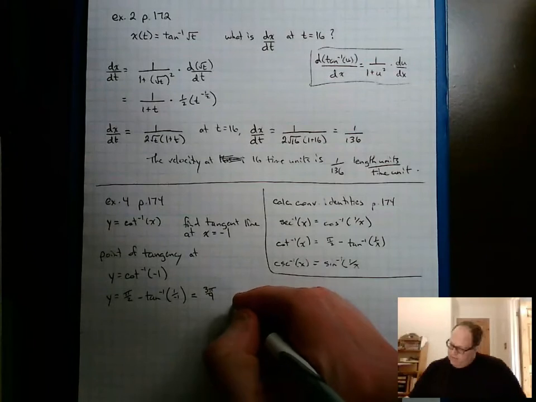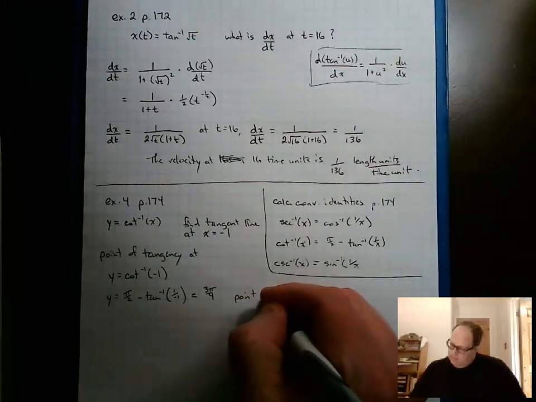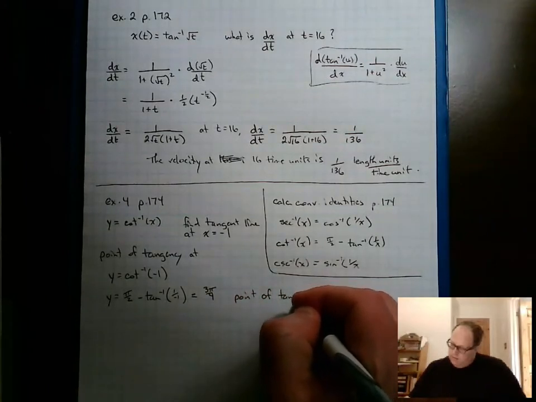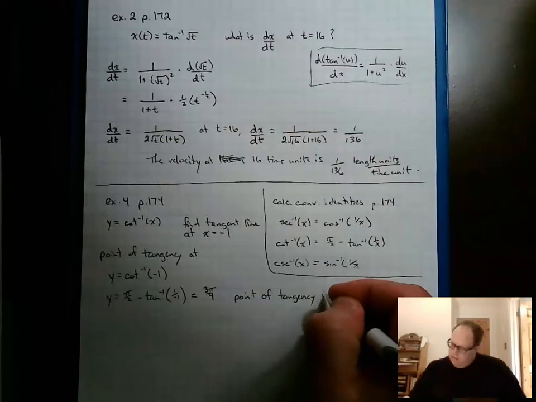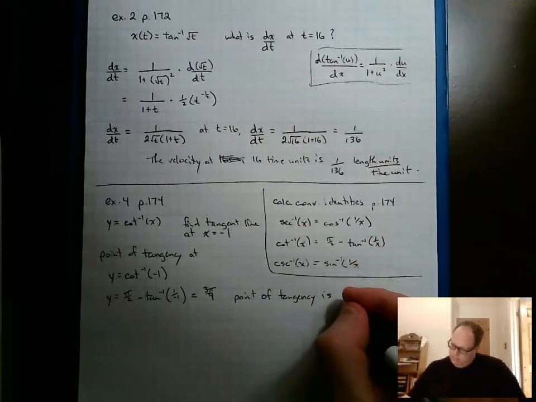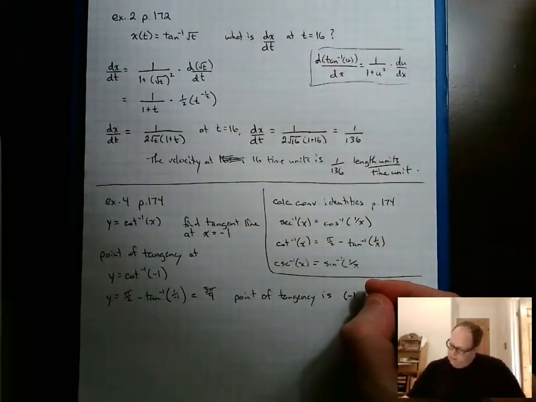So my point of tangency is -1 and 3 pi over 4.